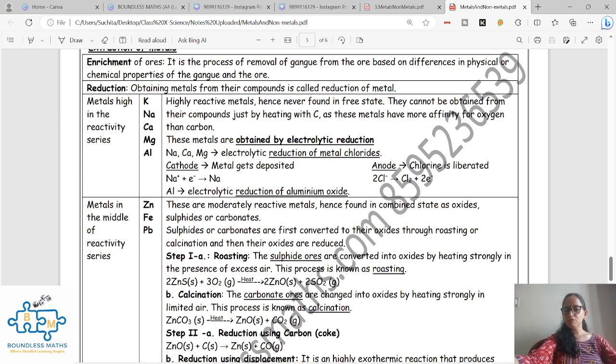Cathode is the negative terminal. Metals form positively charged ions, so these positively charged ions get attracted towards the cathode and get deposited there. The negatively charged chloride ions get deposited at the anode. So in these three cases, sodium, calcium, magnesium, you need to remember that chlorine gas is liberated at the anode.